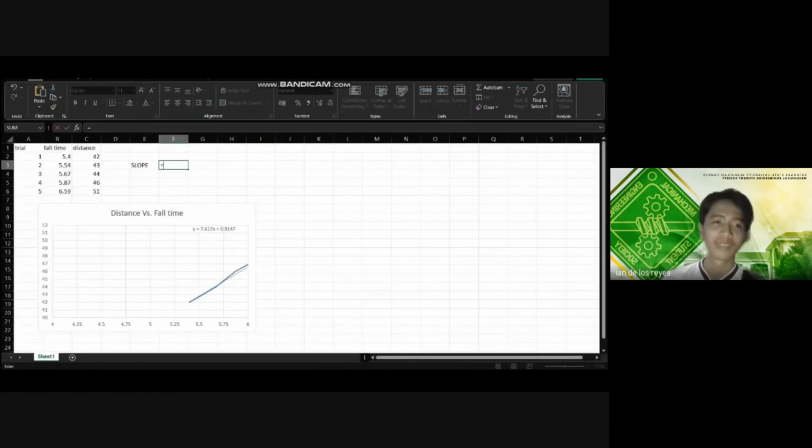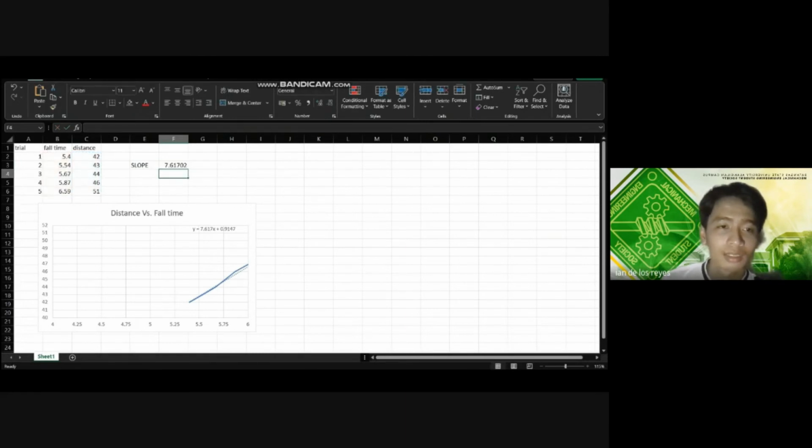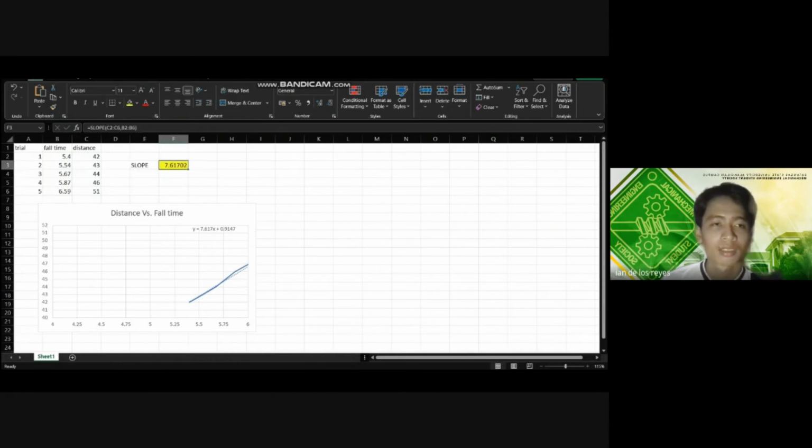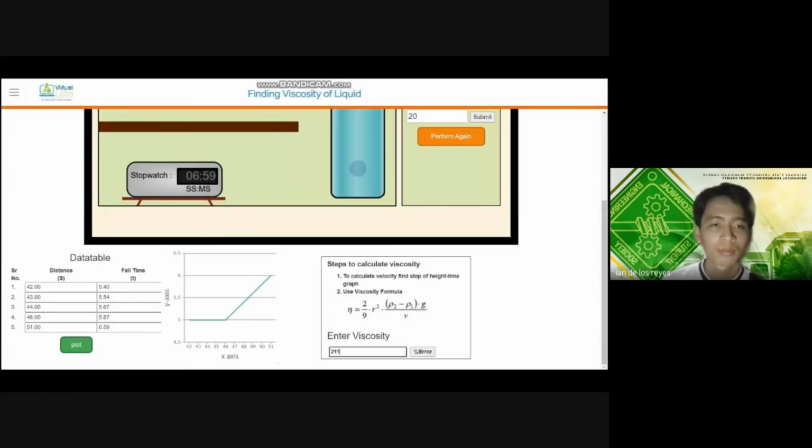To calculate the velocity, we find the slope of the height-time graph using the formula in Excel and using the graph, and we obtained a slope of 7.61.